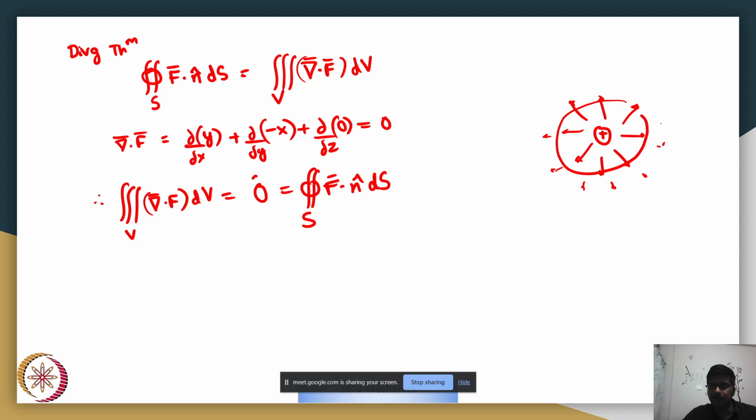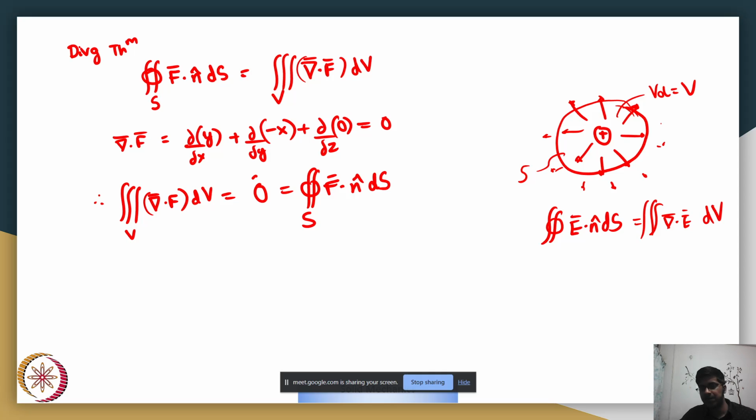If I take some closed surface enclosing this particular charge, and calculate the flux of this electric field over this surface, this is my surface S, and the volume inside is volume V. Using the divergence theorem, we can calculate if there is a net inflow or outflow of the electric field through this closed surface.